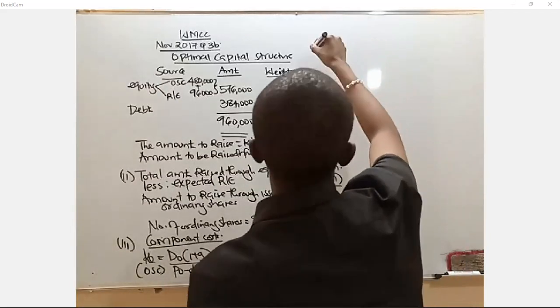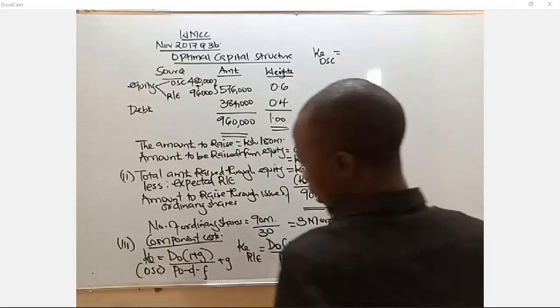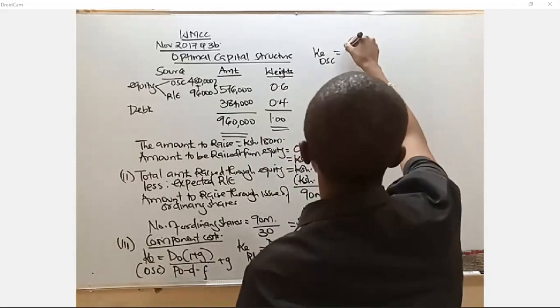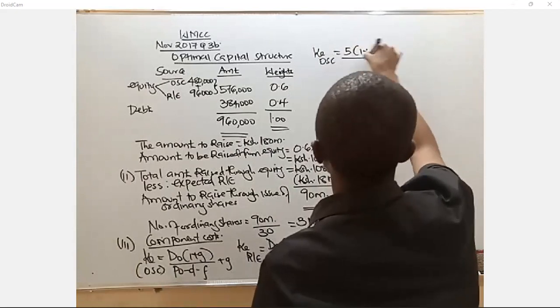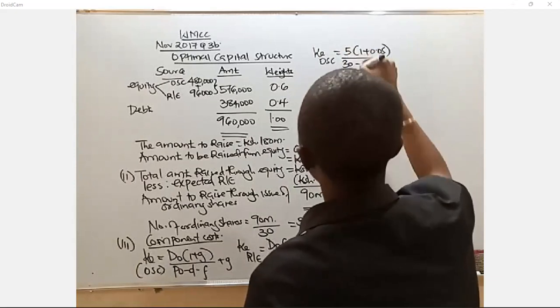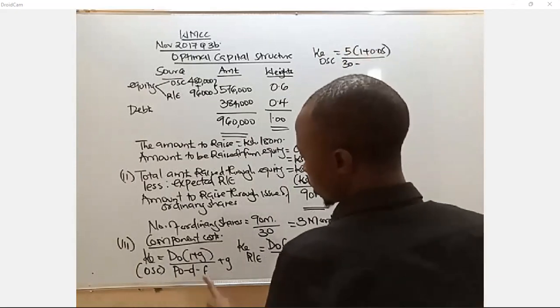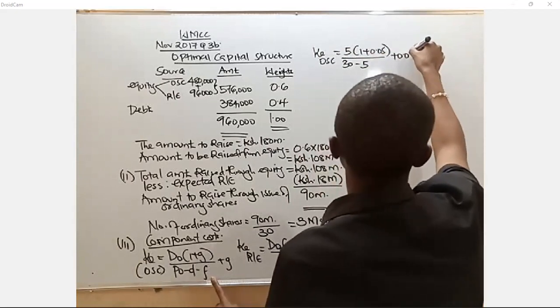So let me start by computing the cost of equity of the ordinary share capital. Our D0, we are being given 5. 1 plus 0.05, we divide it by the P0, we are being given as 30 minus the flotation of 5, plus 0.05.